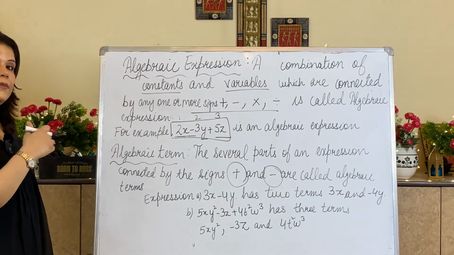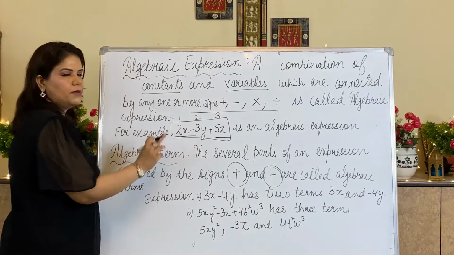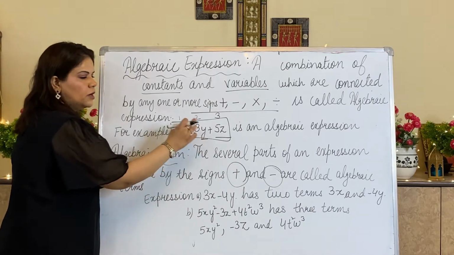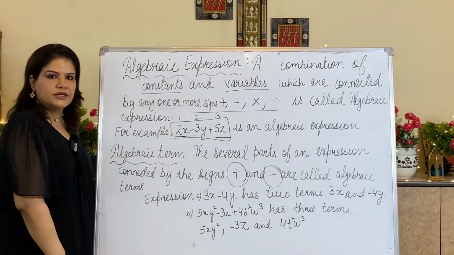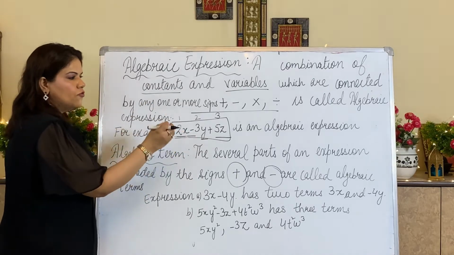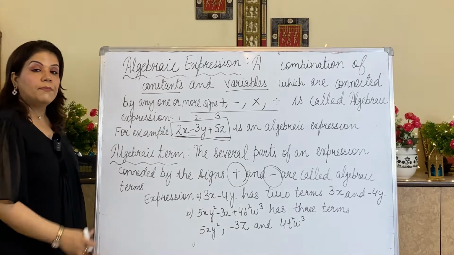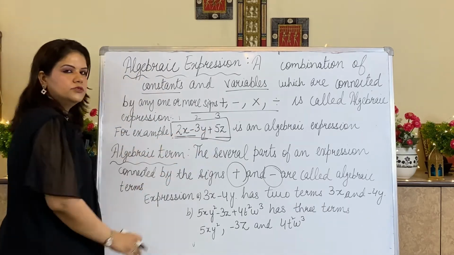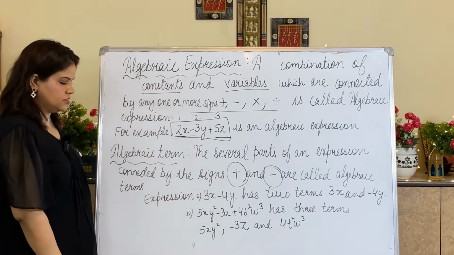But while making the first term, 2 is multiplying with x. Minus 3 is multiplying with y. 5 is multiplying with z. So while making the terms, we will use multiplication and division. But while connecting the terms, we will use only plus or minus sign.